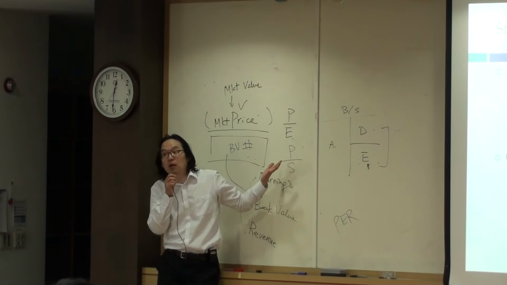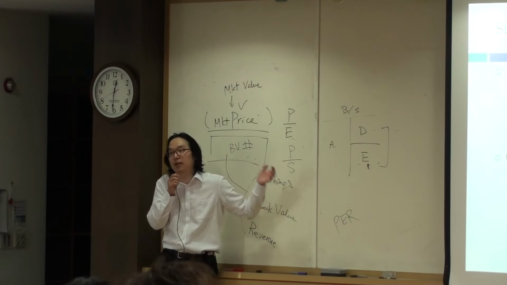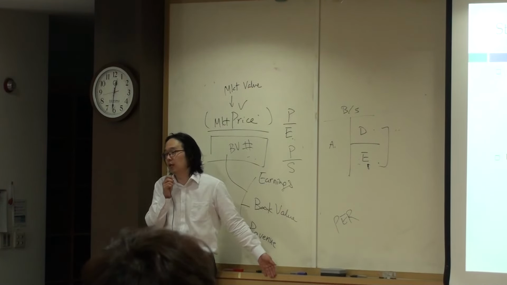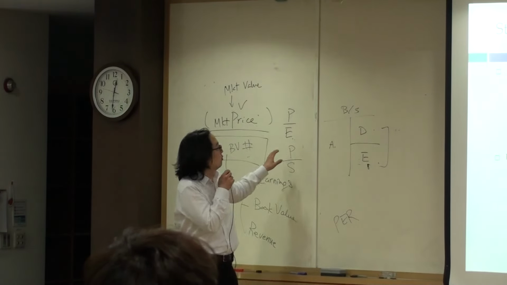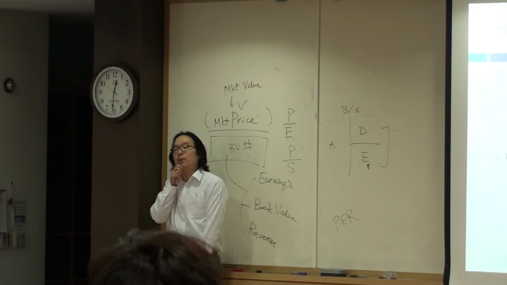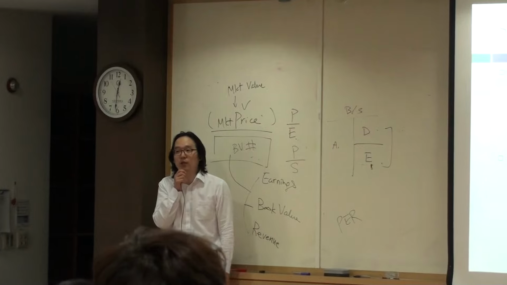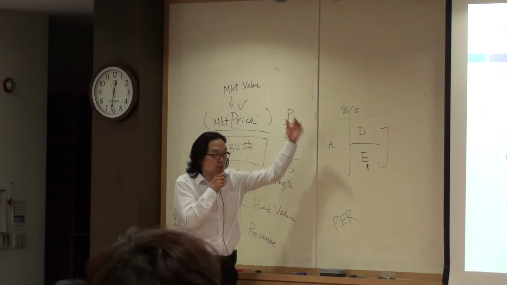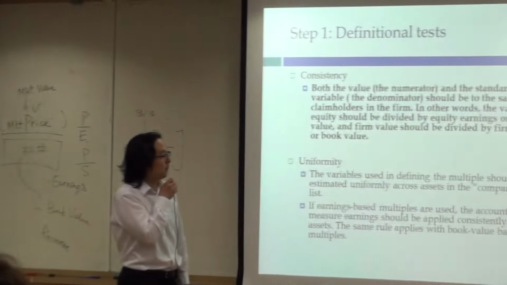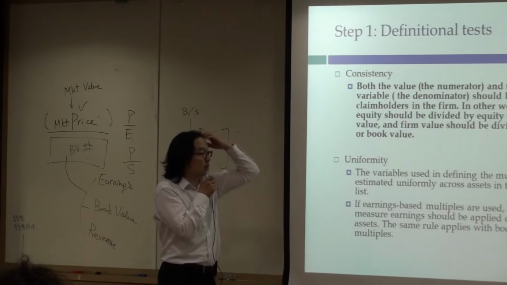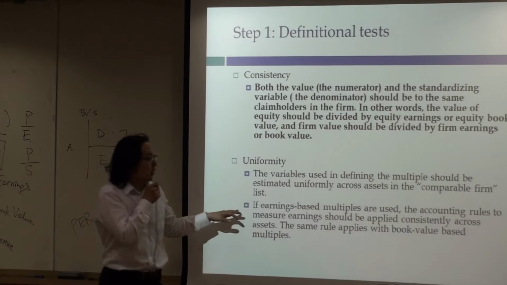It could be anything, but stick to one thing and apply it uniformly. Don't build your PE ratio using last year's EPS for your company, but expected PE ratio for the rest of the companies. No way. Uniformly apply the same definition. Variables used in defining the multiple should be estimated uniformly across all assets in the comparable list.